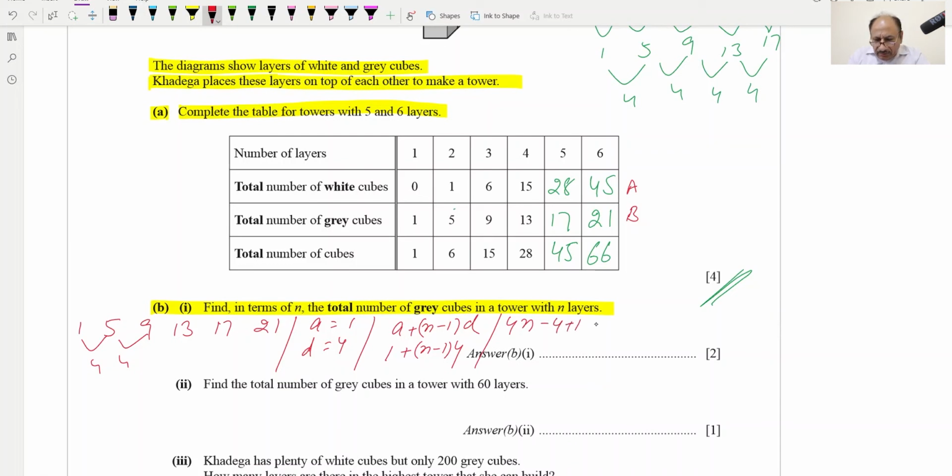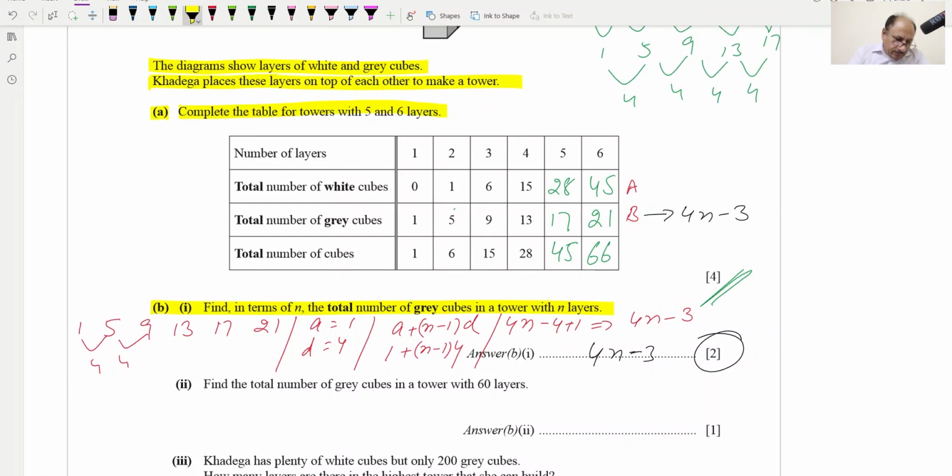So the net answer will be 4n minus 3. Our answer will be 4n minus 3. Hopefully I'm able to explain everything. So this is the 2 marks part we have done for B. This is 4n minus 3.